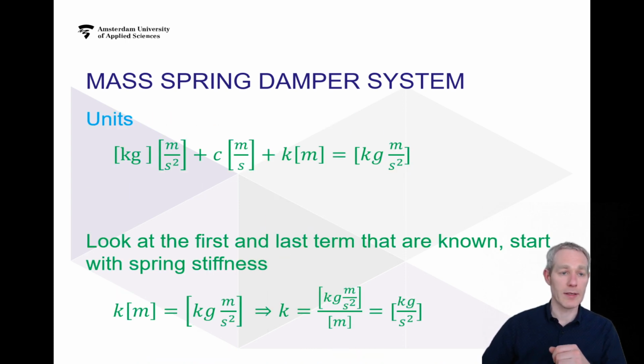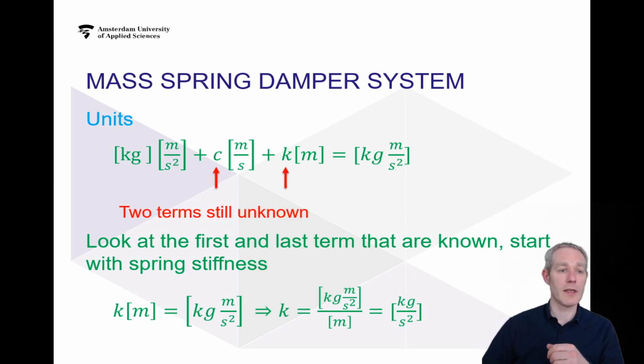Here we look at K. In this equation we have K times m, so the dimension of K times meters must end up like this, and this way we get that the dimension of K must be kilograms per second squared.